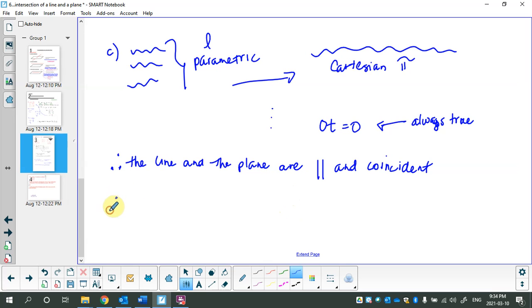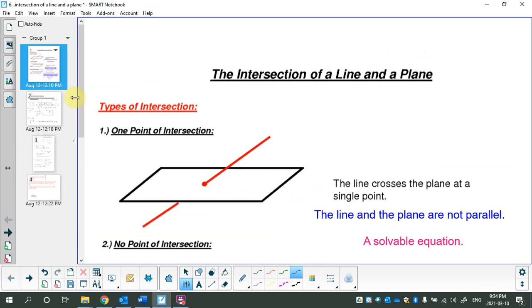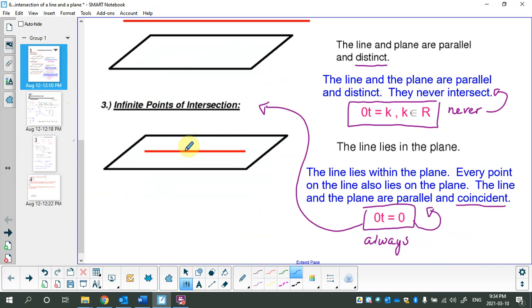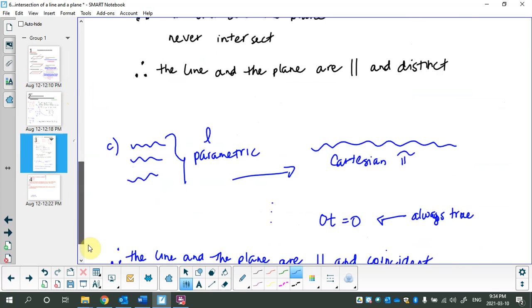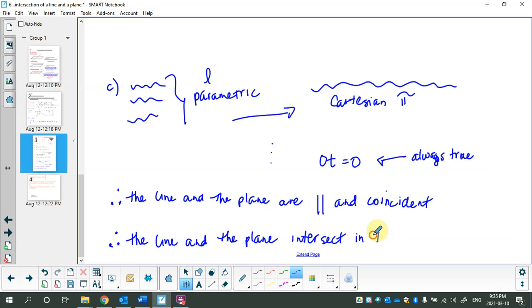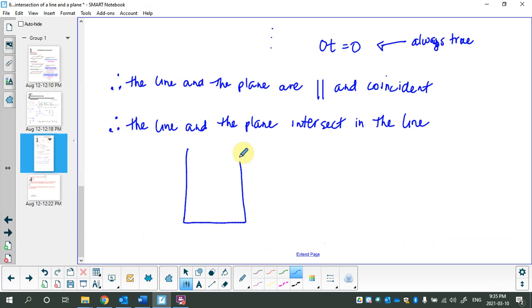So in this one, you get to say the line and the plane intersect, and they'd intersect in a line, and you would either state the vector equation, the parametric equation.